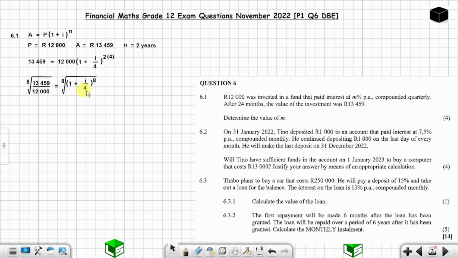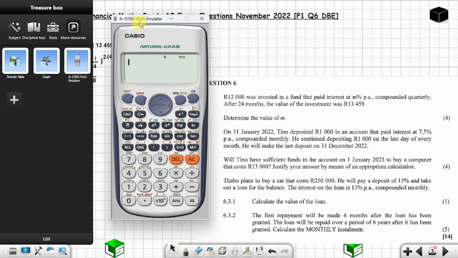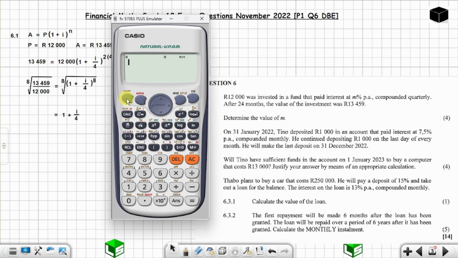So when you take the 8th root on the right side, you are left with 1 plus I over 4. The 8 and 8 cancel. This is equal to, what do you have on the left side? Let's see. On the left side, you have the 8th root of this.